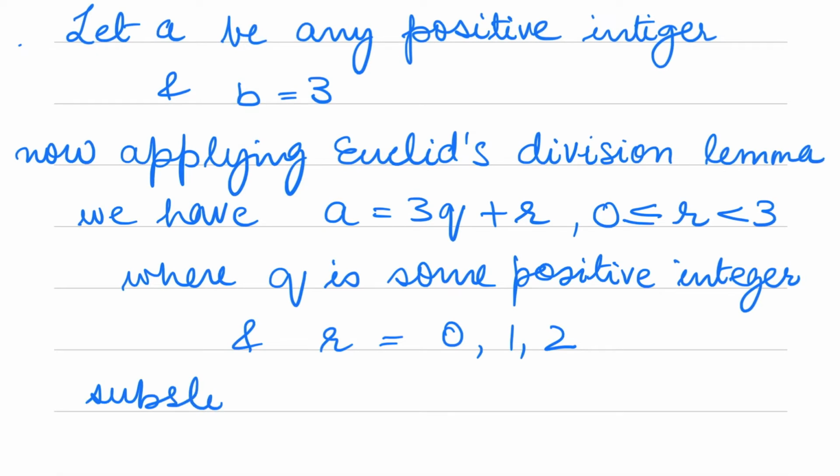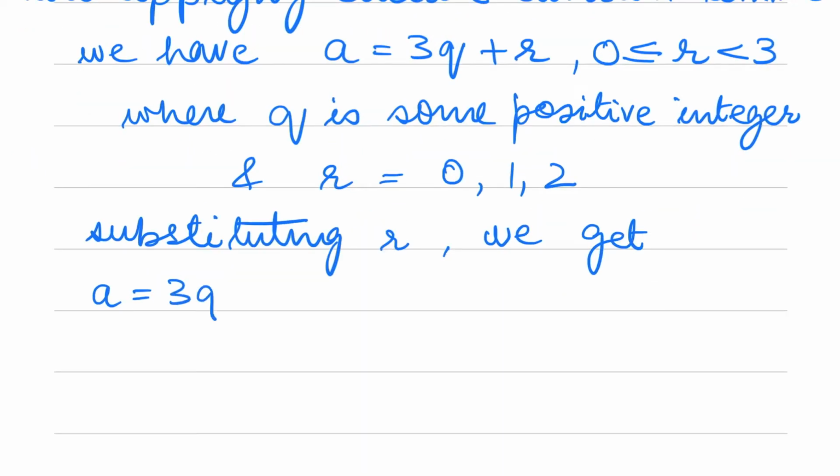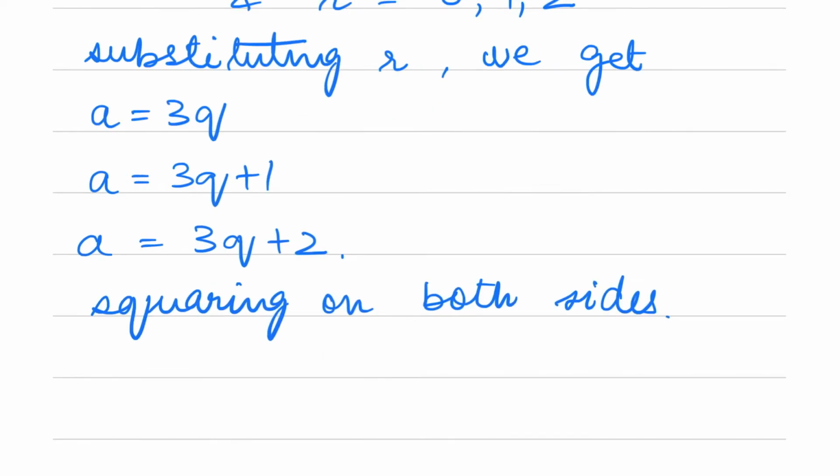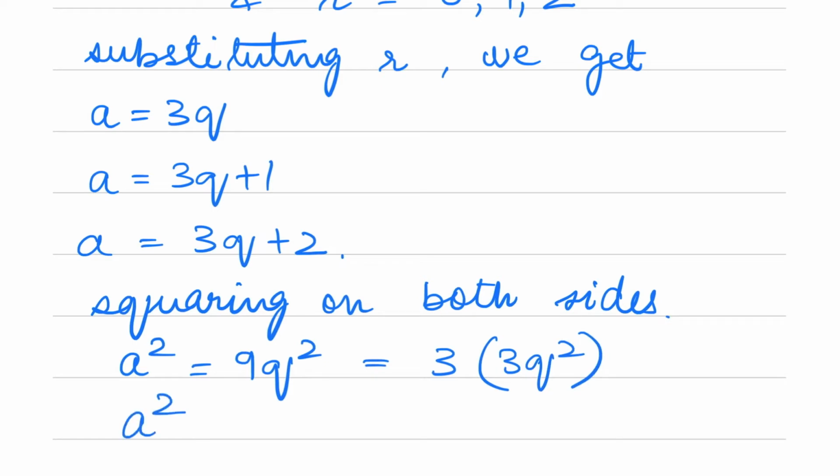Now substituting r, we get a is equal to 3q or a is equal to 3q plus 1, or a is equal to 3q plus 2. So now squaring on both sides, we get a square is equal to 9q square. So this I can write as 3 into 3q square. So a square is equal to 3m, where m is equal to 3q square.